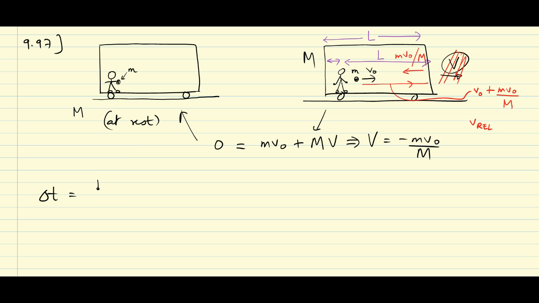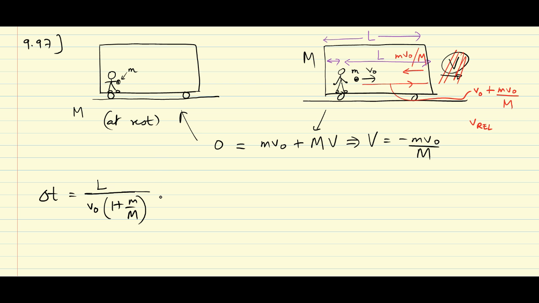The ball is going to travel a distance L, and it's going to go at a constant speed of v0 plus m v0 upon M. So I'll take v0 common into 1 plus m upon M, and this is the time interval between the throw of the ball and the collision with the right hand end of the car. And for all this time the car is traveling towards the left with the velocity which we have just calculated.